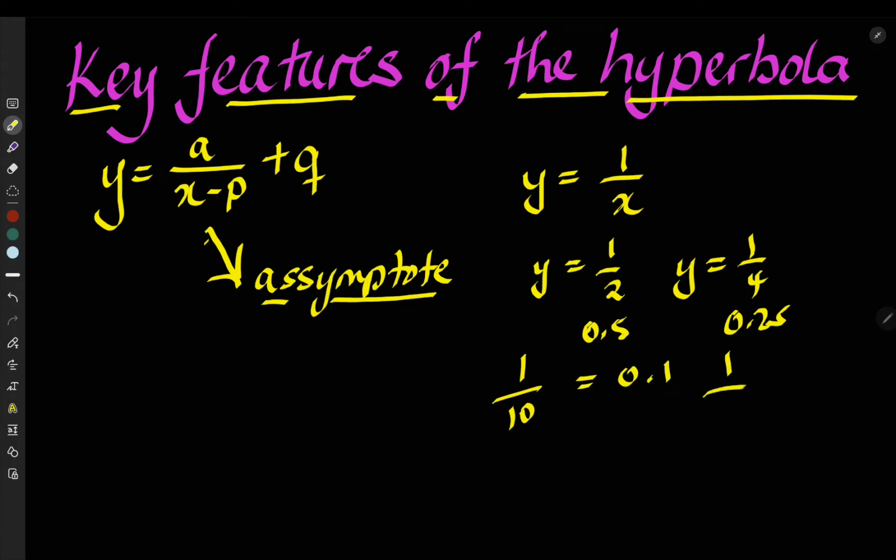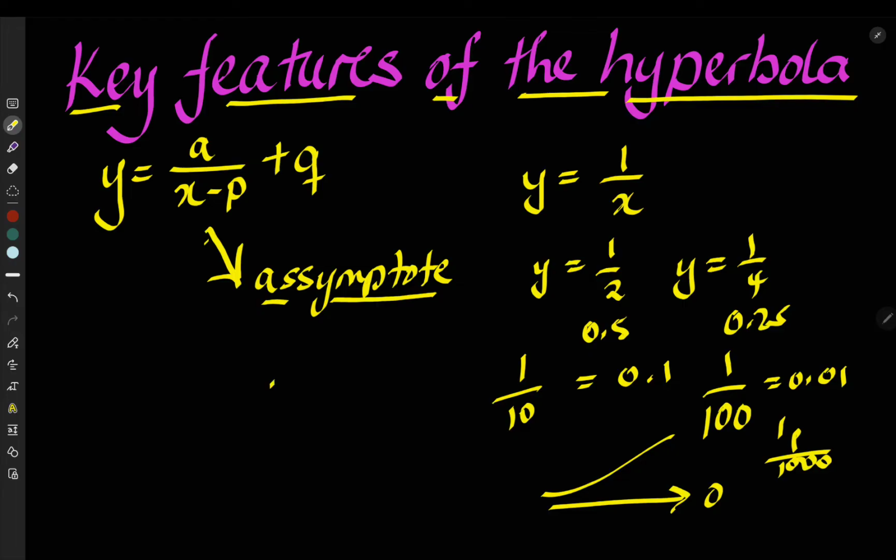If x is becoming bigger and bigger, so if it's 100, you end up with 0.01. So as x tends to get big, you are approaching 0. If x is 1,000, you've got 1 over 1,000, and that is going to be 0.001. You are approaching 0, but you are not touching 0.